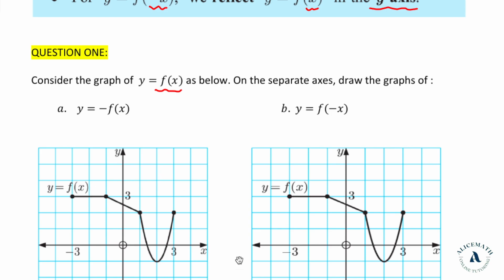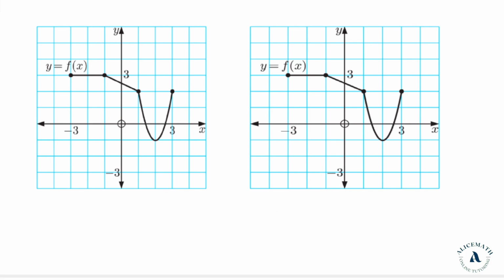So reflection in the x-axis means for each vertex we need to keep the x-coordinate the same, just change the sign of the y-coordinate. For example, this point has the x-coordinate 3 and the y-coordinate 2. Now we need to find the y-coordinate negative 2, the opposite.